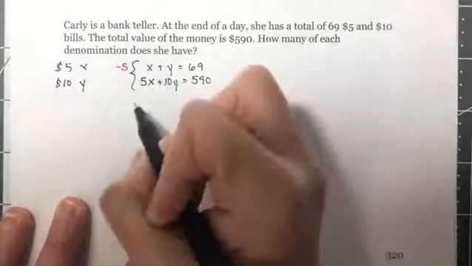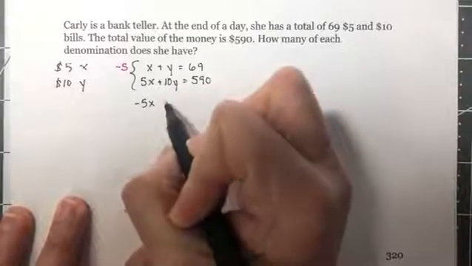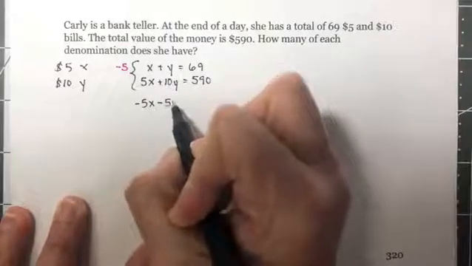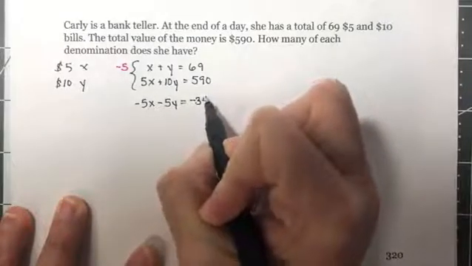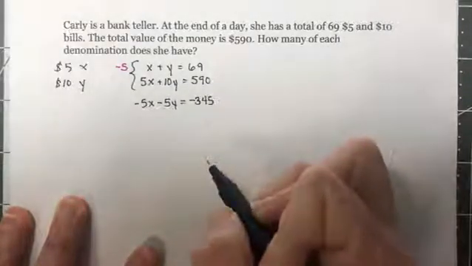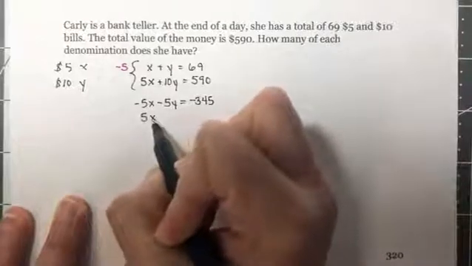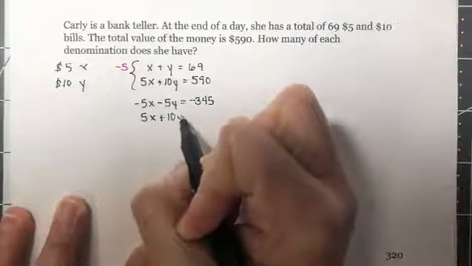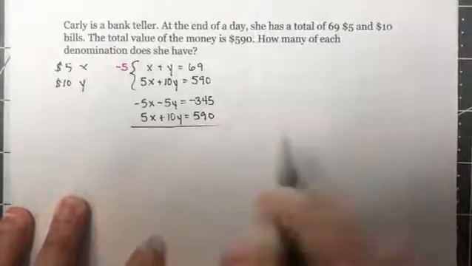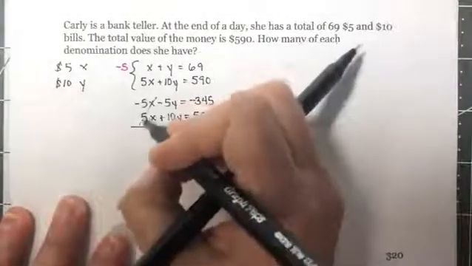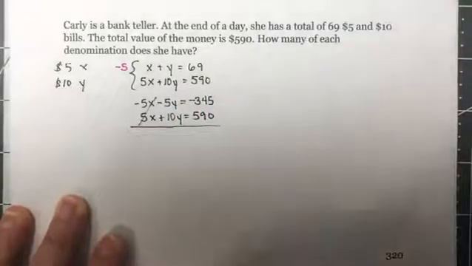When I do that, I get negative 5x minus 5y equal to negative 345. And then I recopy my second one. Now if I add these together, my x's go away just like I wanted them to.